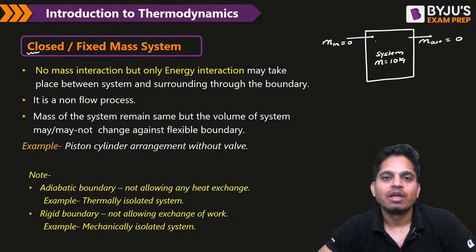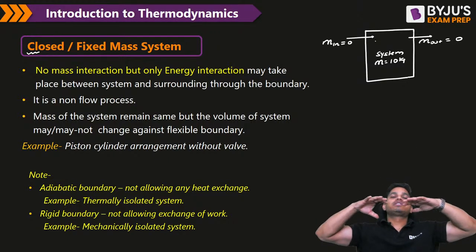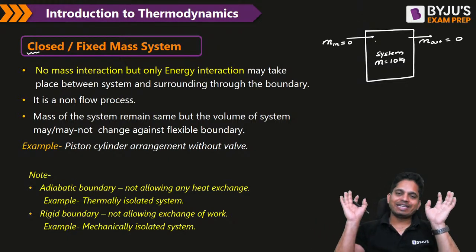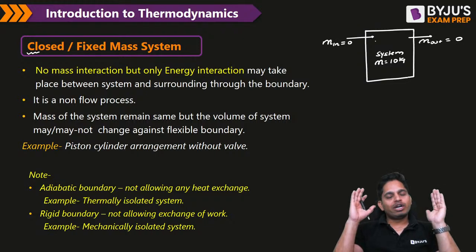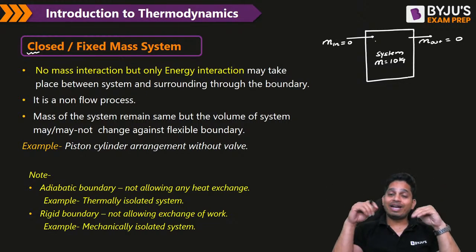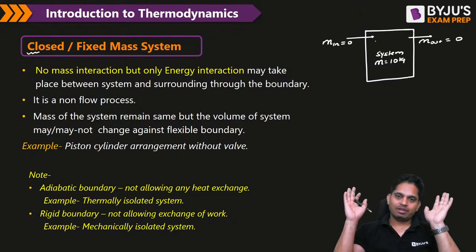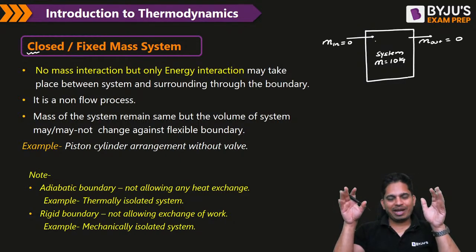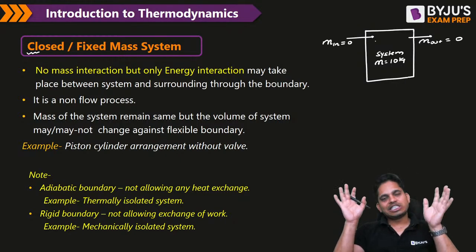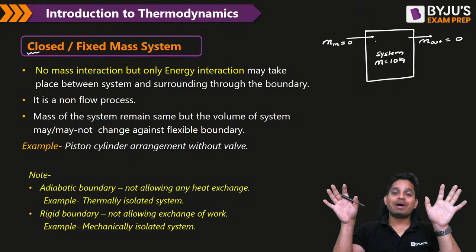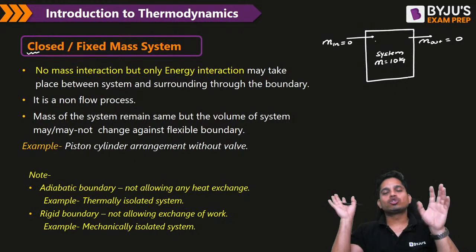So tell me, if this container has 10 kg mass, and now I am not allowing any mass to enter or go out, then how much mass will this system have all the time? This system will always have 10 kg mass, because I am not allowing any mass to enter or go out.